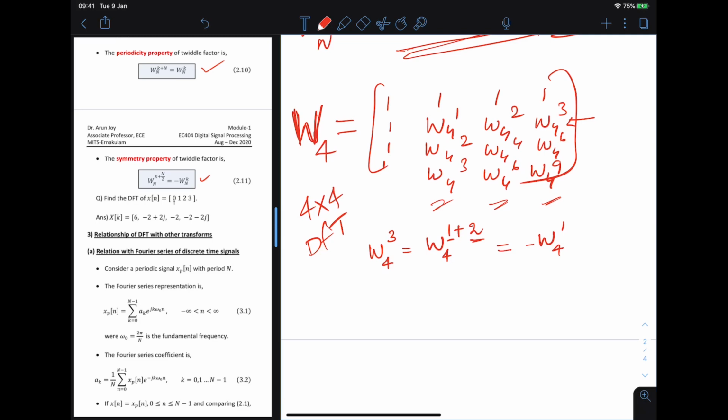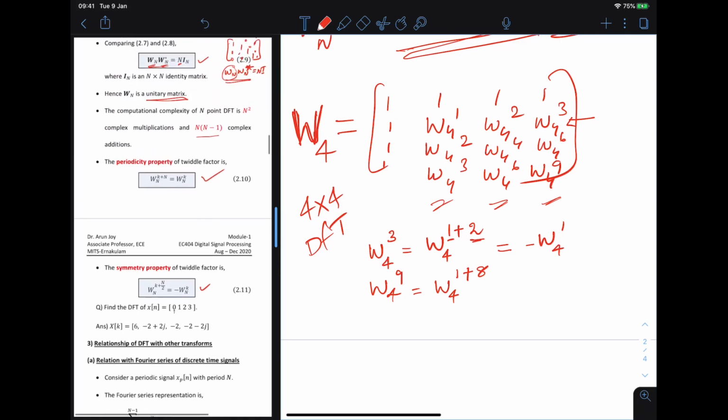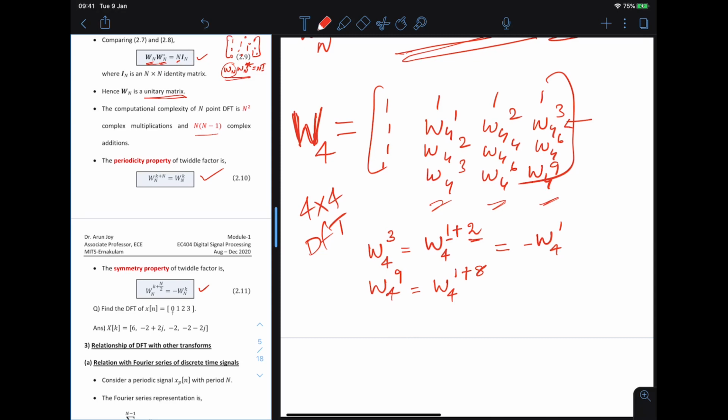Similarly, what is W4 raised to 9? So that I can write it as W4 raised to 8, or 1 plus 8. So let us look at the periodicity property. Periodicity property: n, capital N, 2N, 3N, etc. is the same thing because the same period repeats.